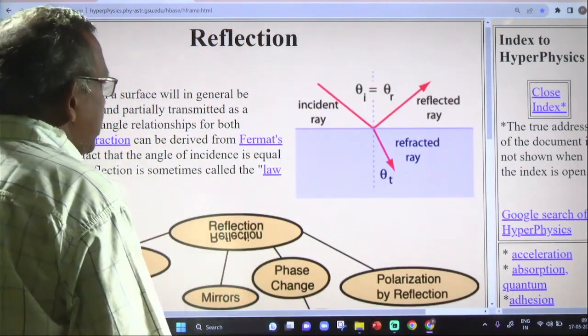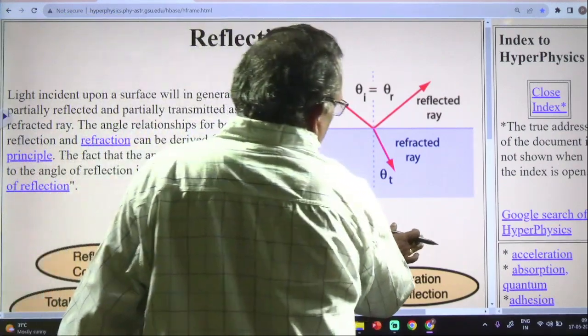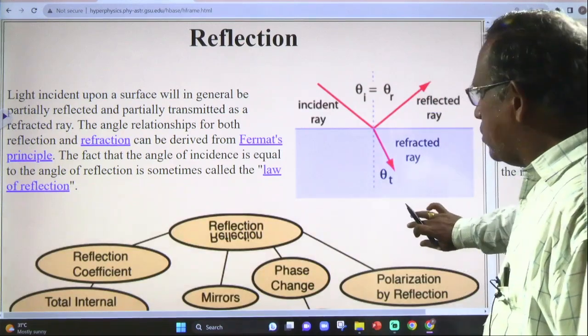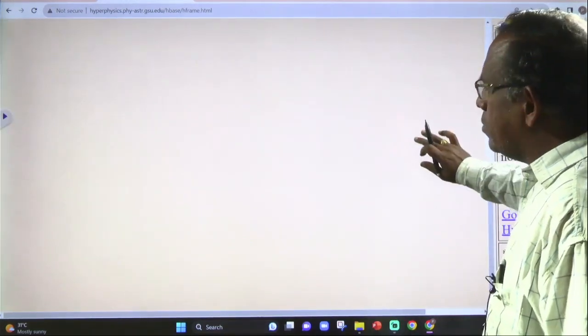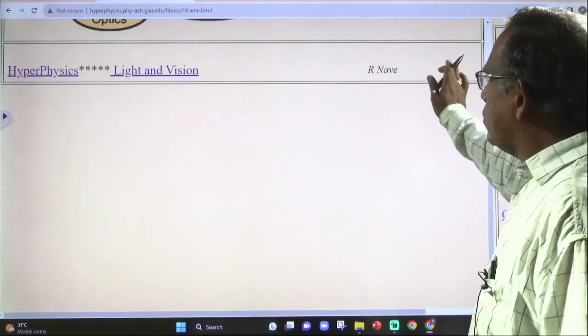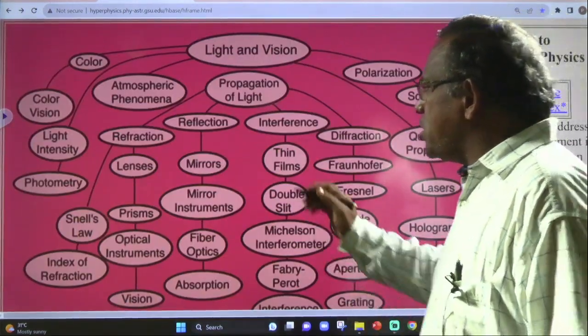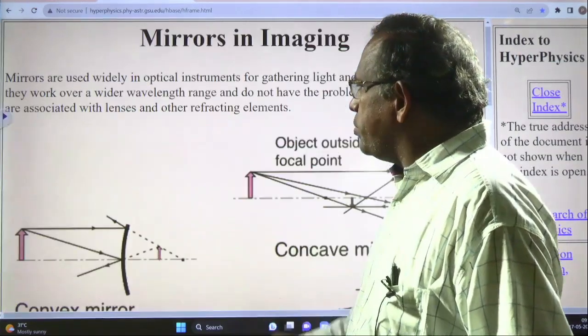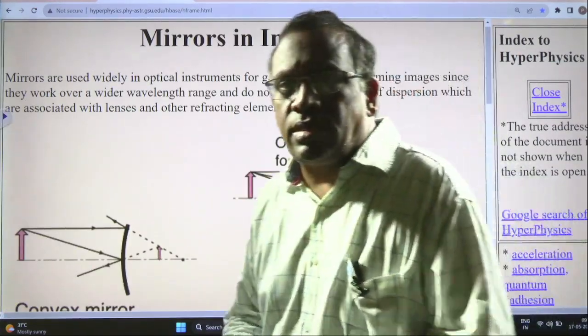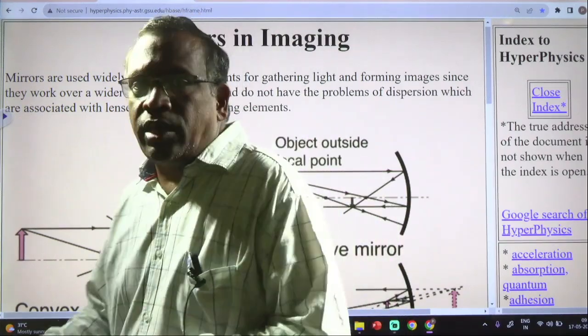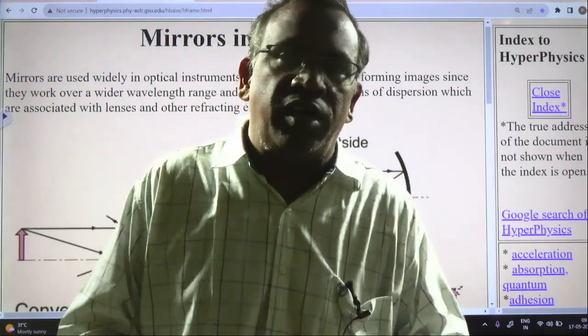In the case of reflection, mirrors are the widely used optical instruments to have reflection.